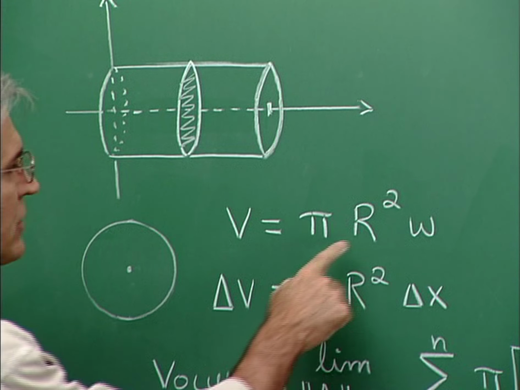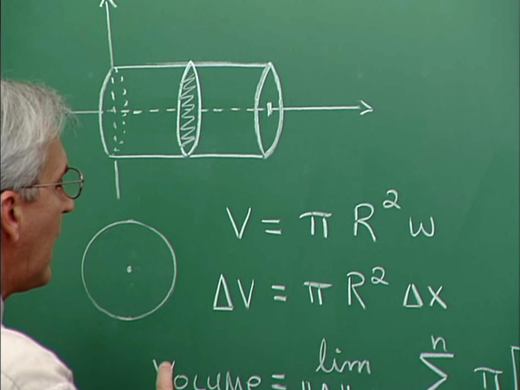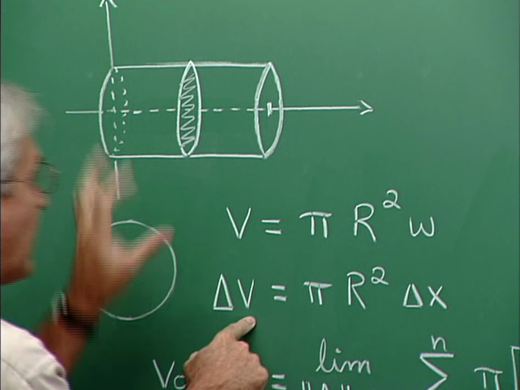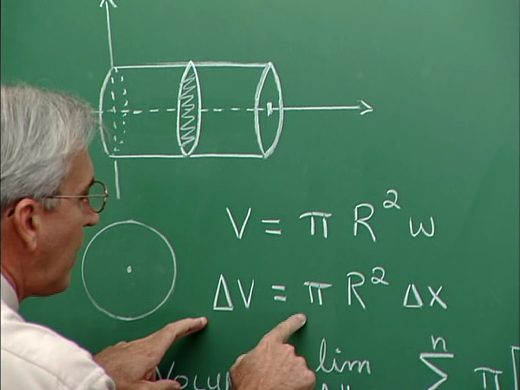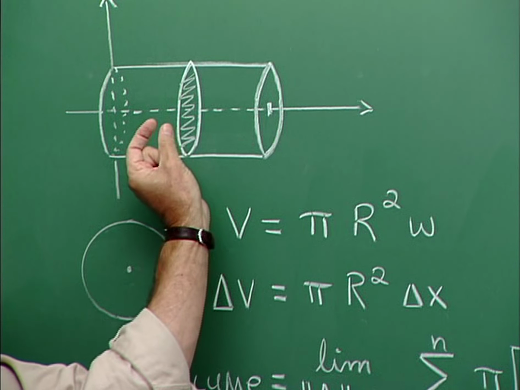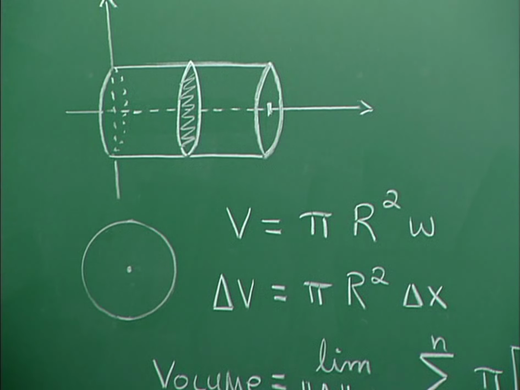Now, notice the notation here, big R squared for the radius of this. And when we talk about a little volume, a little delta V here for the little disk, it's pi r squared times some delta x, some x interval, over which we are slicing these little pieces of our cylinder.